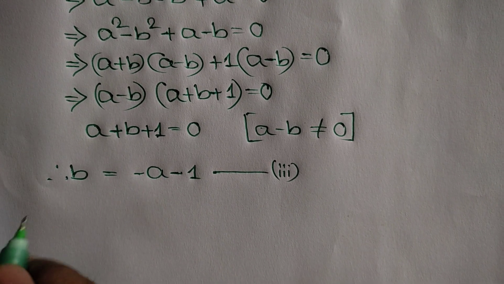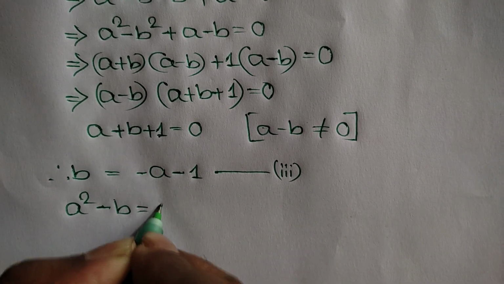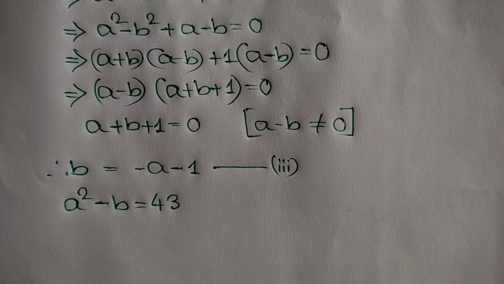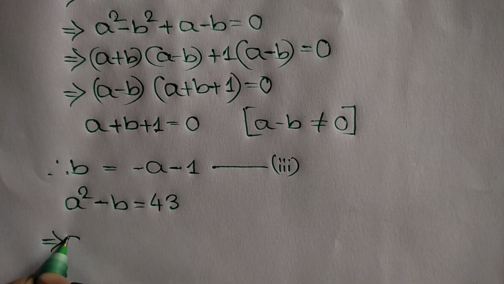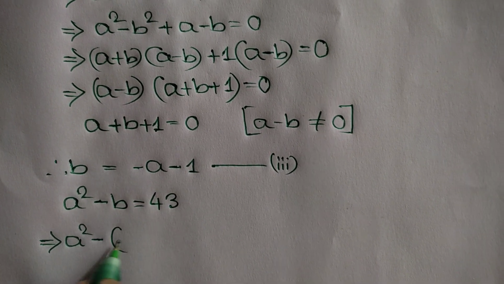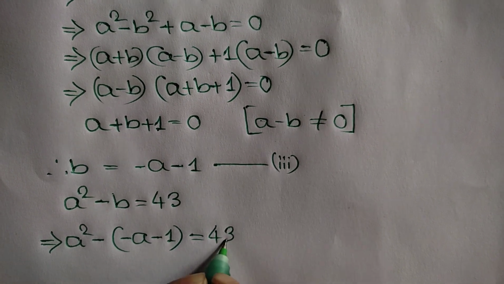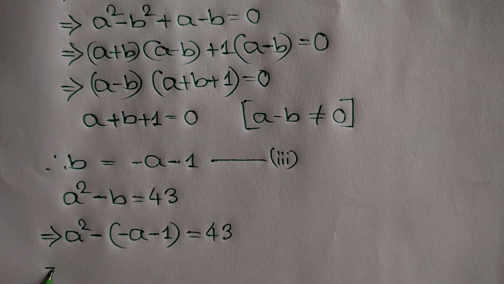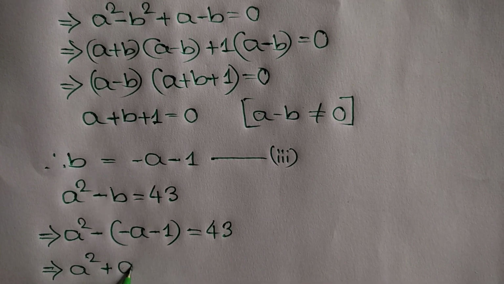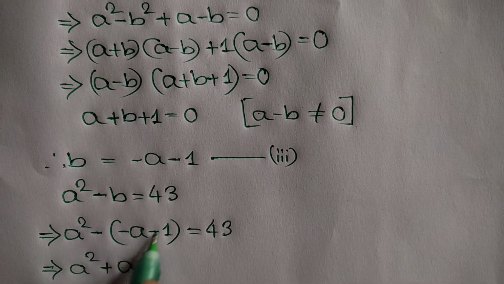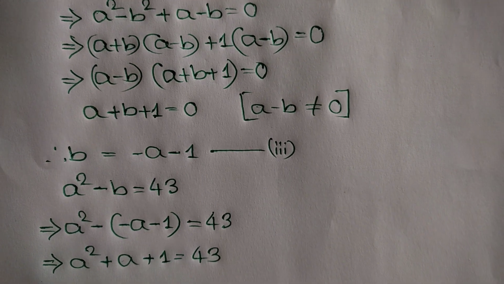Now from equation number 1, we can write a square minus b is equal to 43. Substituting the value of b here, we can write a square minus bracket minus a minus 1 is equal to 43, or a square, minus times minus it will be plus a, and minus times minus it will be plus 1, is equal to 43.